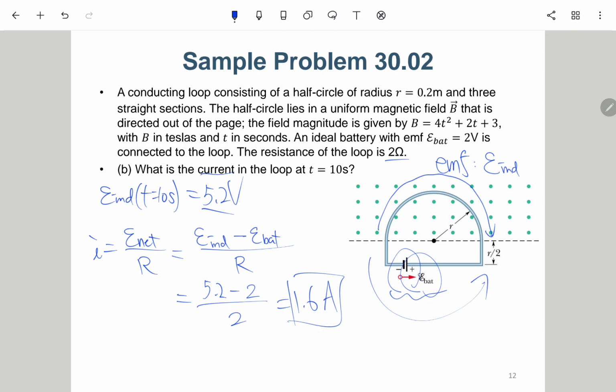So they are in opposite directions, so they should have opposite signs. We should either subtract E induced by E battery or E battery by E induced. But in absolute value, E induced is 5.2 and the other is 2 volt. This one is smaller, so we subtract E battery from E induced. And finally, the current follows the direction of this EMF.